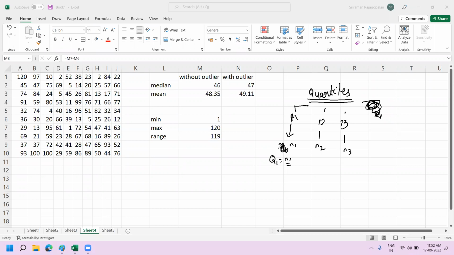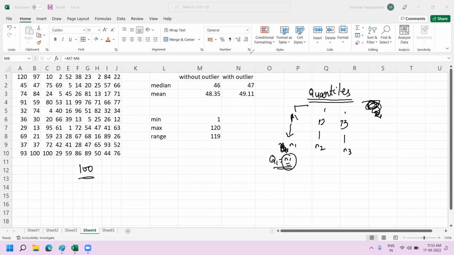First 1/4 of the data. So if these are 100 records, can I say the first 25 records are quartile 1? Is this how it is interpreted? So how do you interpret the value N1?